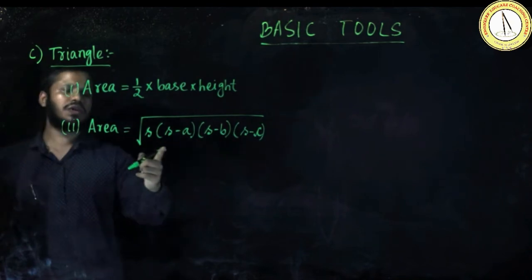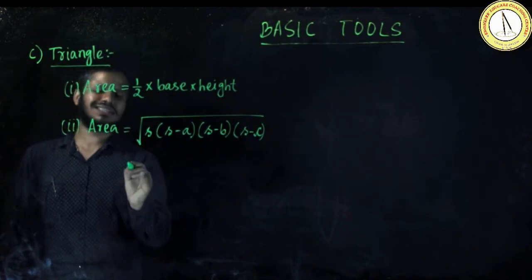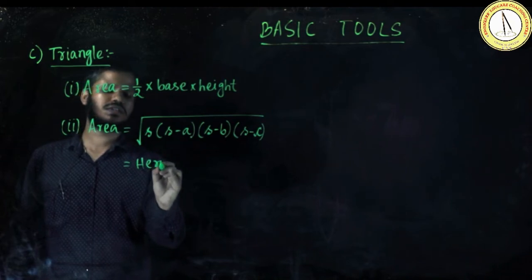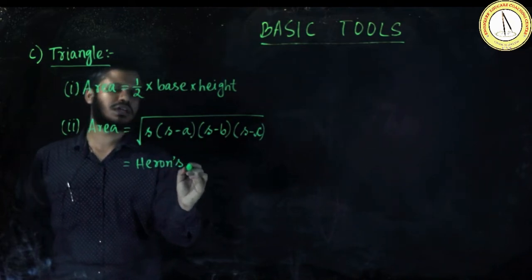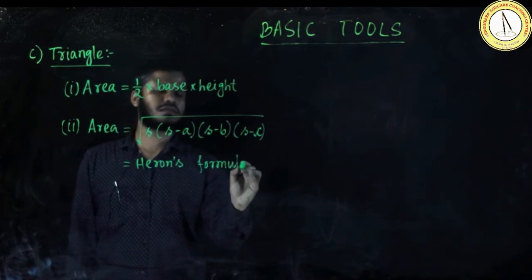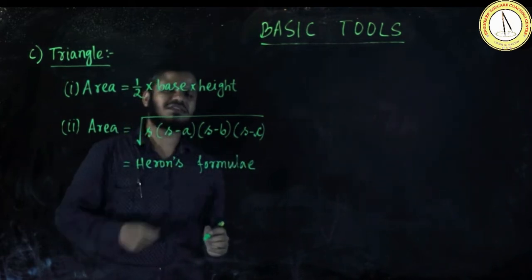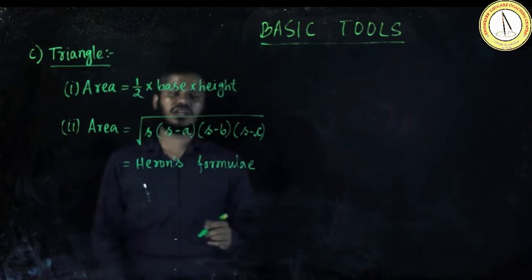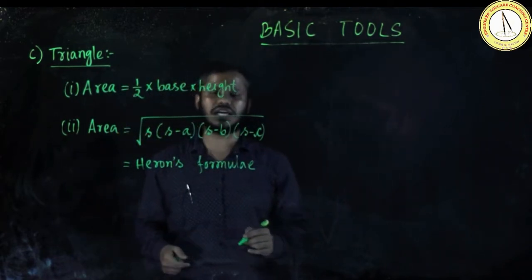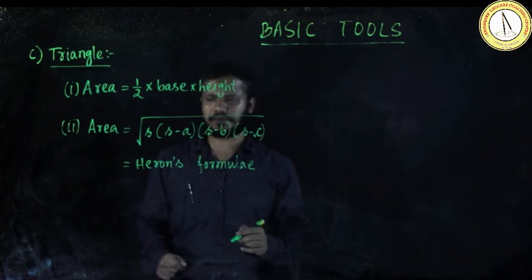So now this formula is called Heron's formula. This formula is very important. Only knowing three sides of a triangle, we can calculate its area.